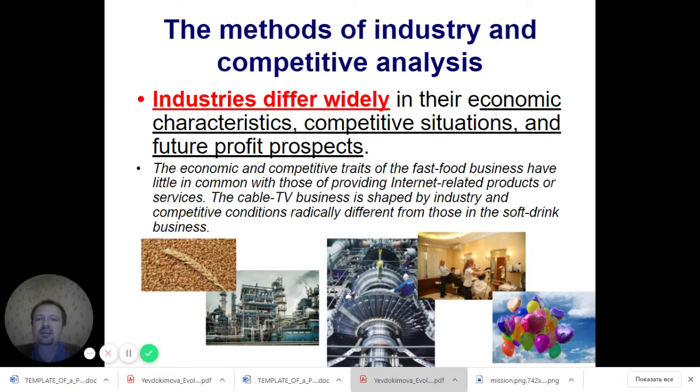Industries differ widely. Here in this picture you can see some agro-industrial firm which produces wheat, some chemical production, some machine building industry, like Turbina.